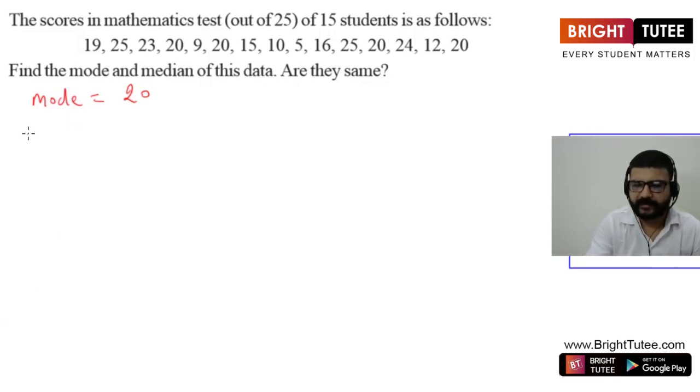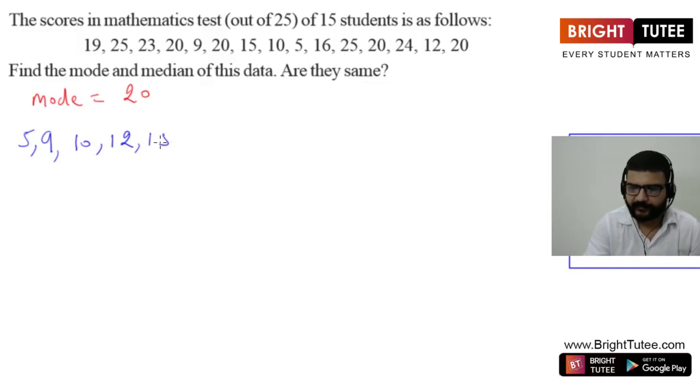It will be 5, 9, 10, 12, 15, 16, 19, and then 20 4 times, as it has occurred 4 times in the data. So we will write it 4 times here.